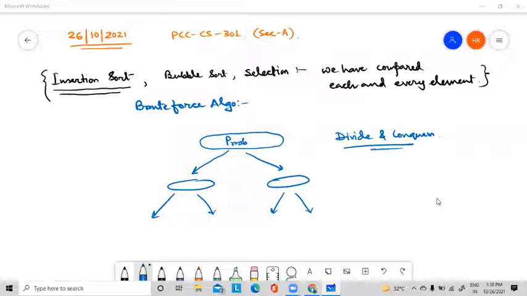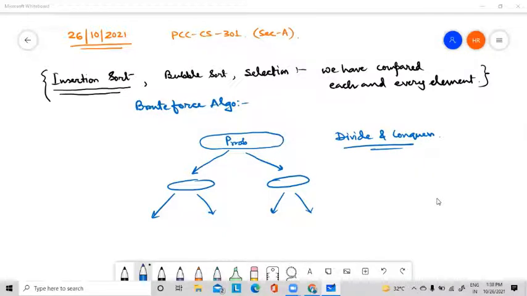So in a divide and conquer problem, we divide the problem into sub-problems, solve those particular sub-problems, and in this way we finally get the actual solution.